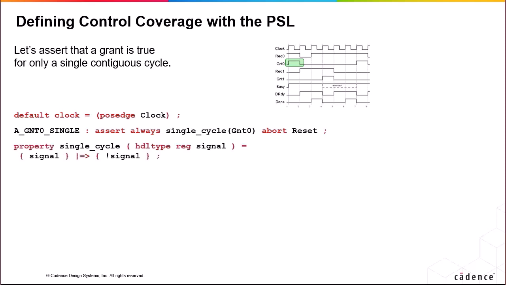We declare the property to take any signal. The property expression is a next cycle implication. The left operand is a sequence. Recall that a signal is a Boolean, which is one kind of sequential extended regular expression, and when braced, becomes a sequence. The right operand is a property.